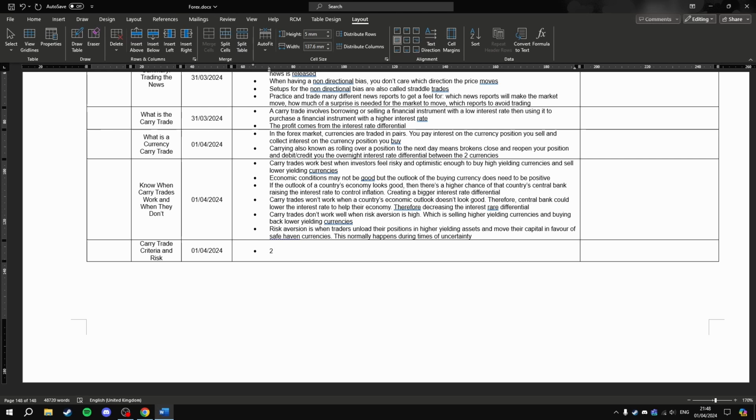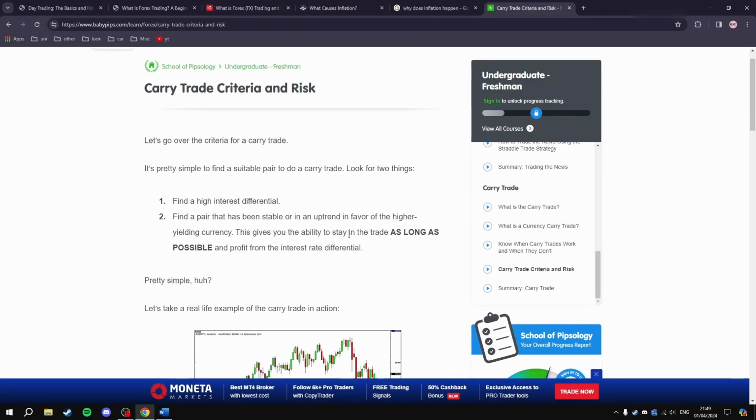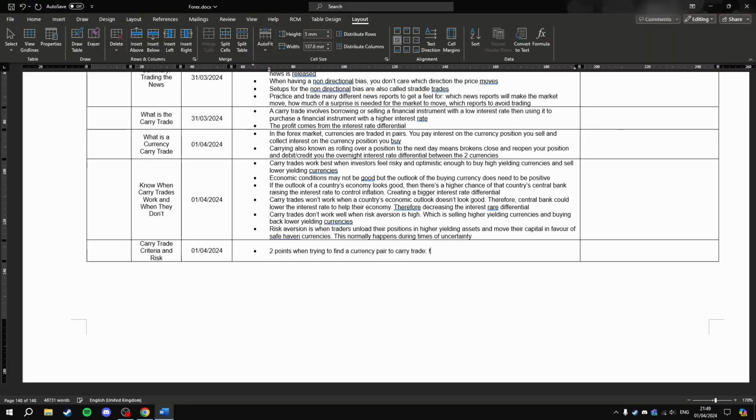Right, okay, so two points when trying to find a currency pair to carry trade. Find a high interest rate differential.